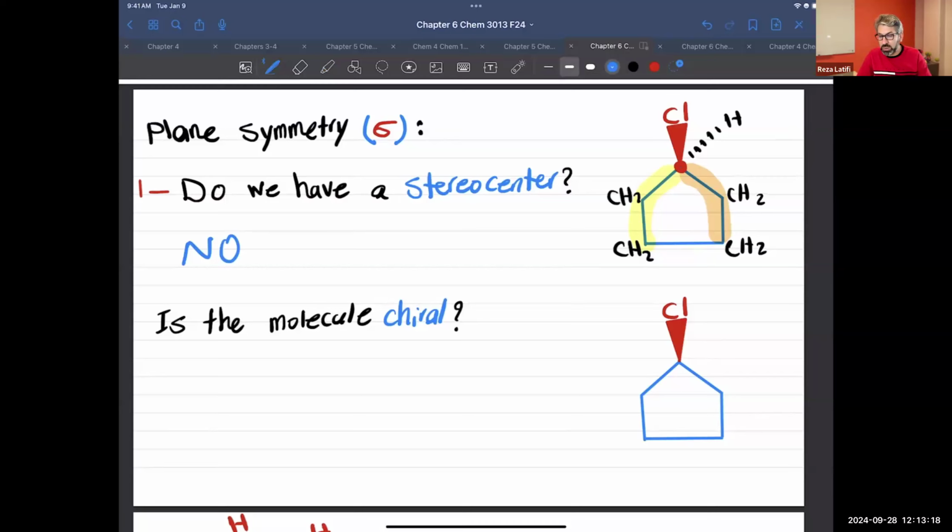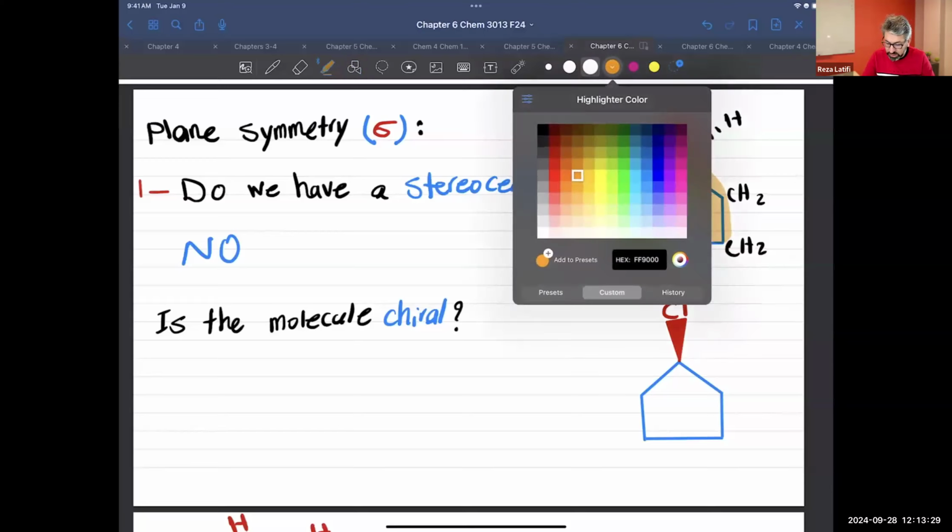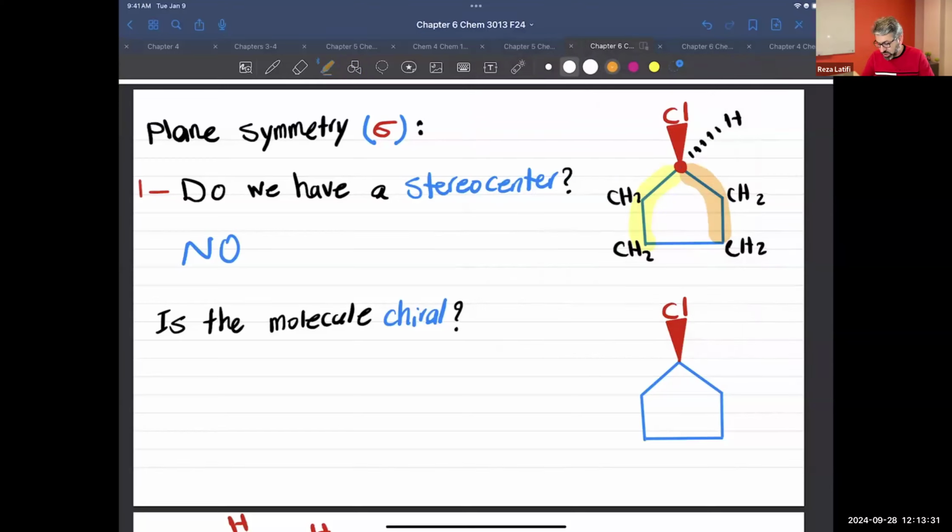Is there any chance that our molecule will be chiral? No, the answer is going to be no. What's the reason for it? If you can find a plane of symmetry. And what's a plane of symmetry? If you can chop the molecule into 2 identical halves, in that case, we say the molecule is not chiral. Do I have a plane here?